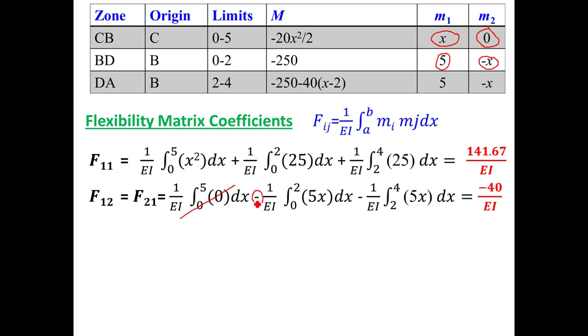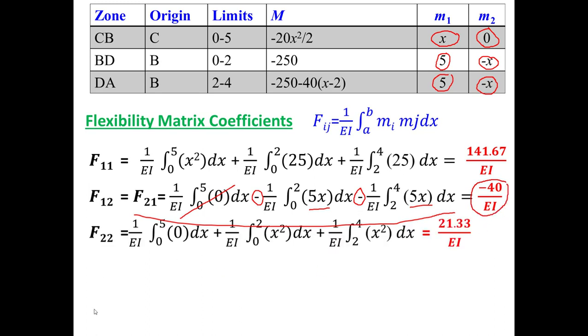So this minus is taken here and this is 5x. Similarly, third zone, M1 is 5, M2 is minus x. Again multiplication is minus. So this is minus and 5x. So if you perform again these integrations in your calculator and if you add, final answer of F12 is equal to minus 40 upon EI.